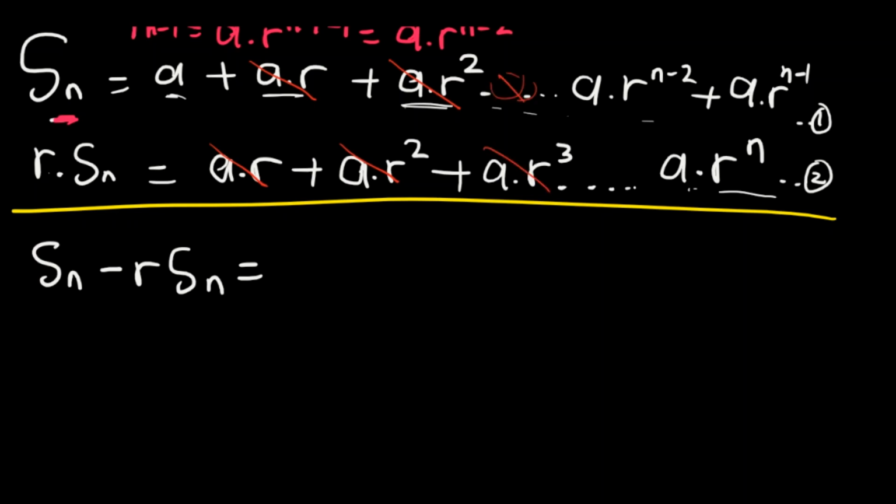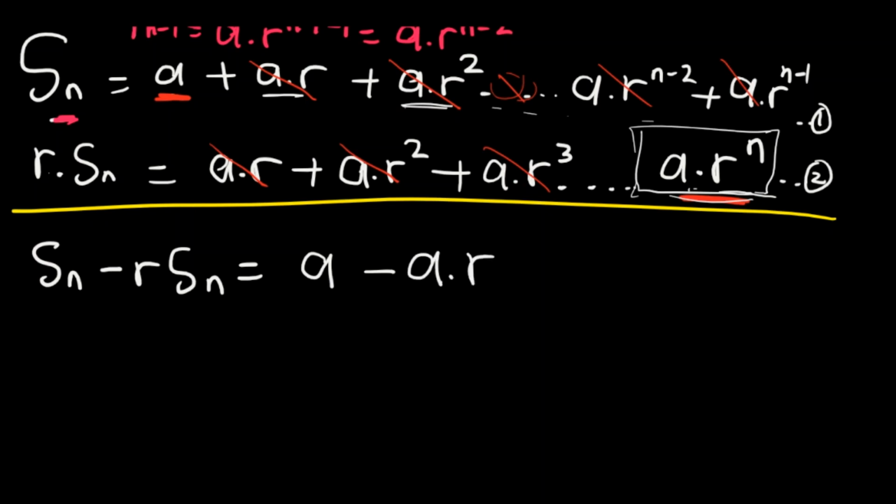It's going to subtract this one here, and then even these ones will get subtracted, and we'll just remain with this one here and this one here. So we're just going to write that down. We'll remain with a, which I'm going to write, and then this expression here, because it's going to subtract 0, because there's not going to be any expression like this one at the top, so you're just going to say 0 minus this expression here, so it's going to be minus a multiplied by r to the power of n, right?